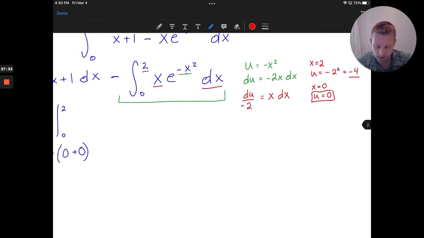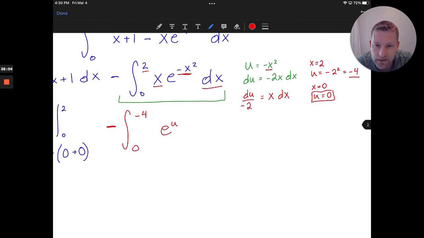So let's go ahead and rewrite this. Again, we have the minus outside here, and then we'll have the rewriting of the bounds. So instead of 2, we'll put negative 4, and then at 0, we'll still remain at 0. My e raised to the negative x squared is just going to be e to the u power, because that's taken for the exponent.